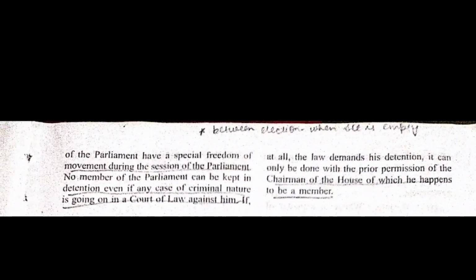If a member belongs to the Lok Sabha, it can be done with the prior permission of the Speaker of the house, and if a member belongs to the Rajya Sabha, it can be done with the prior permission of the ex-officio chairman of the Rajya Sabha, that is the Vice President of India.